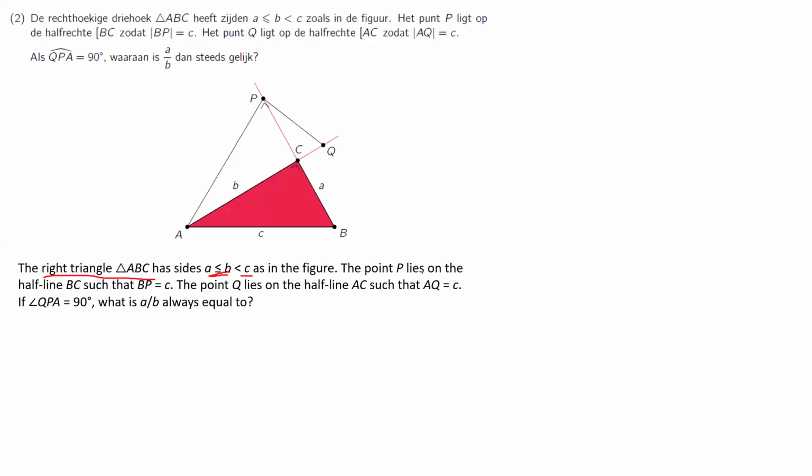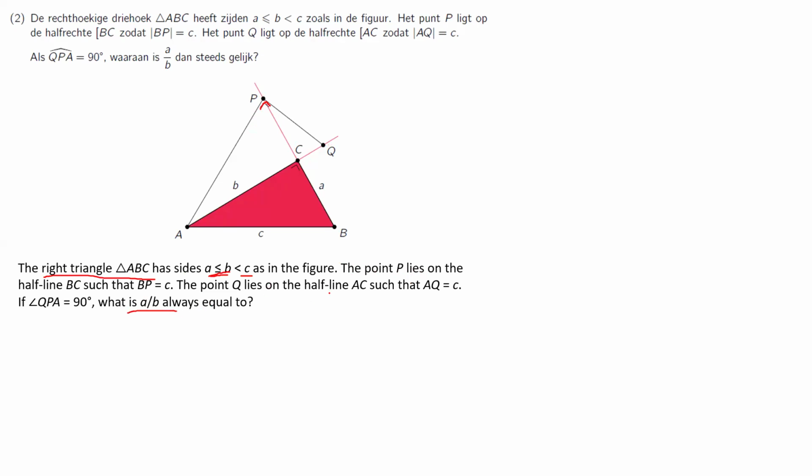Point P lies on the half line BC such that BP is c, and the same, Q lies on the half line of AC where AQ is c. And if QPA is also a right angle, what is the ratio a over b?